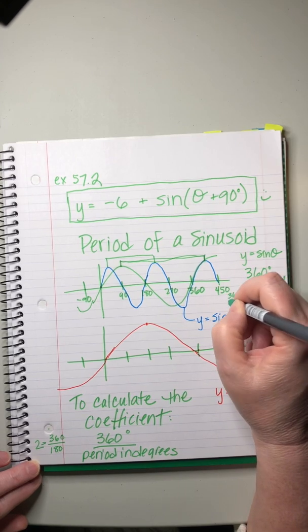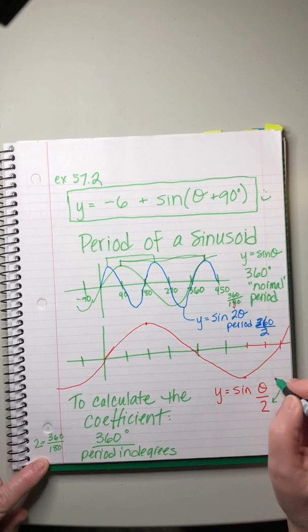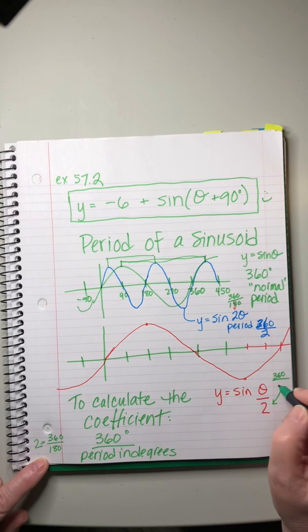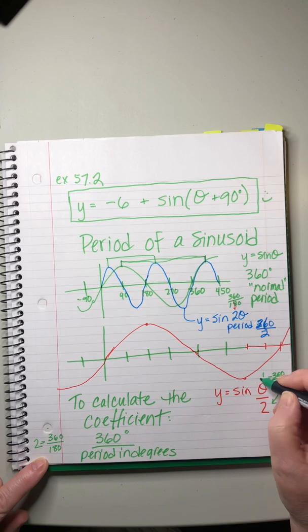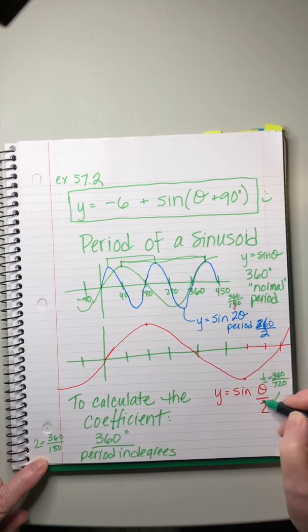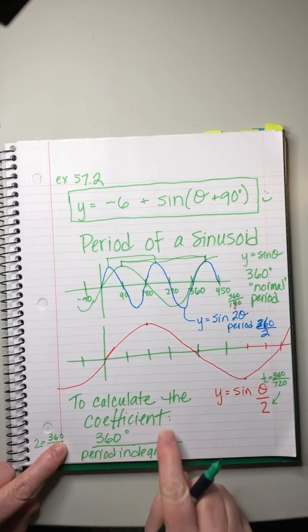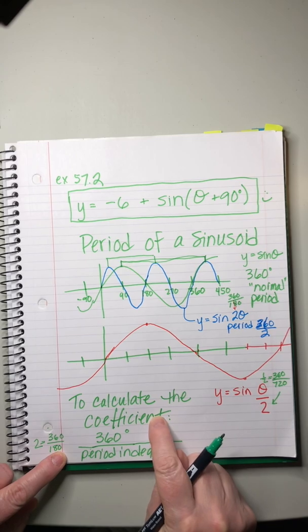It's 360 divided by 180. Okay. For this one, it was 360, but we needed 720 degrees to do the whole thing. So that's where I got essentially the 1/2 that gives us the 2 on the bottom. All right. So this is the little formula that we can use to calculate what that coefficient should be.